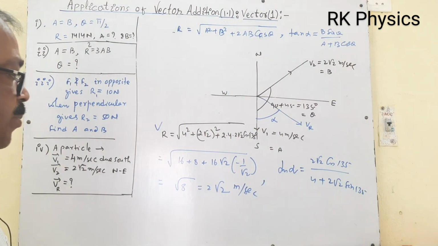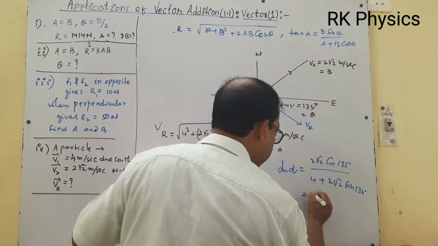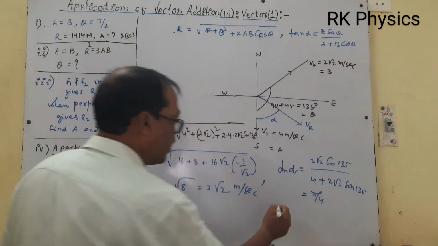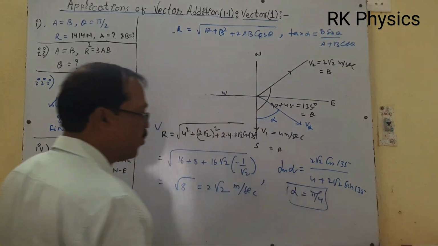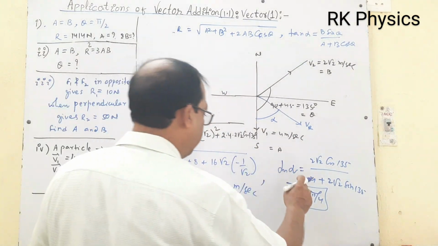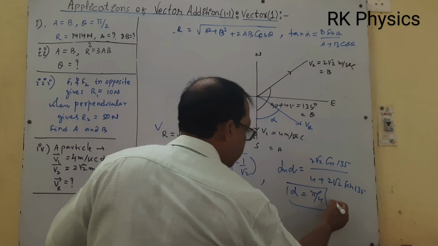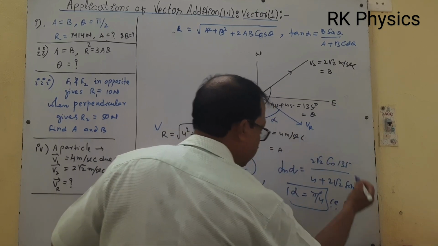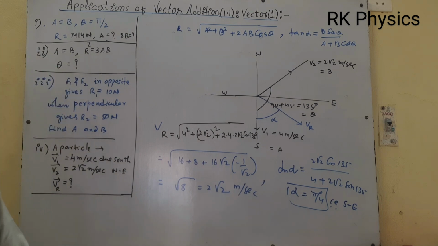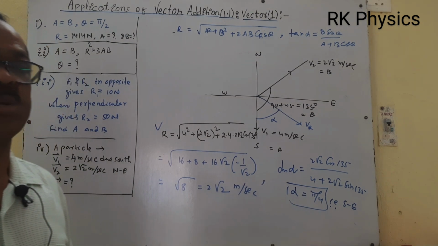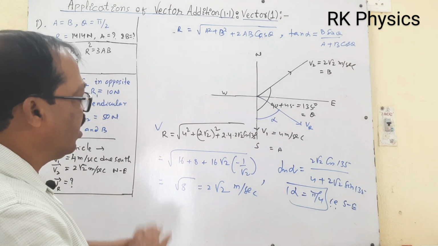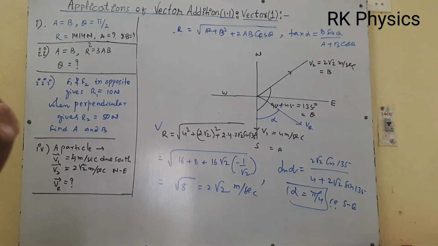If you solve it, you will get alpha equal to pi by 4, 45 degree. The direction is south of east, 45 degree. Okay. So these are your applications.